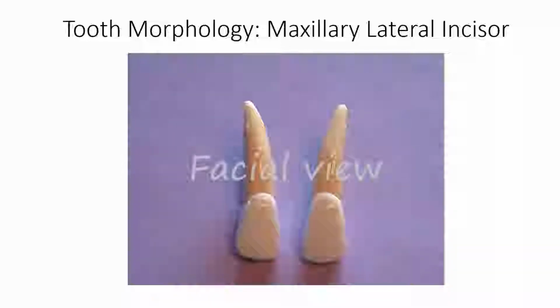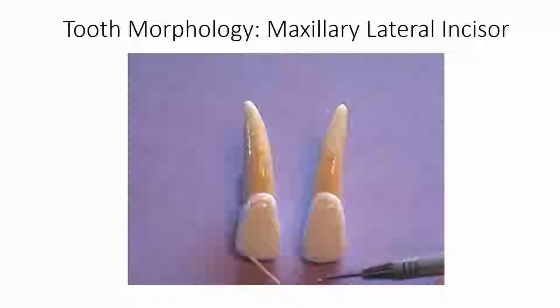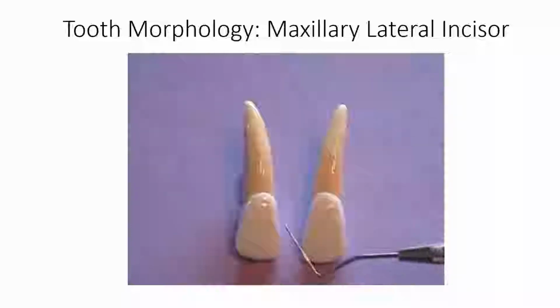The maxillary lateral incisor is similar to a smaller maxillary central incisor. However, it also has the greatest crown variation. There are incisal edges and incisal angles. The mesial contact is in the incisal 1/3.